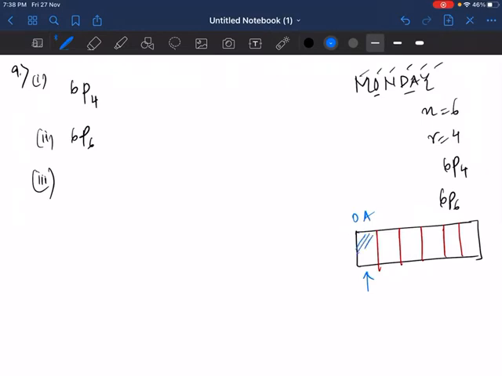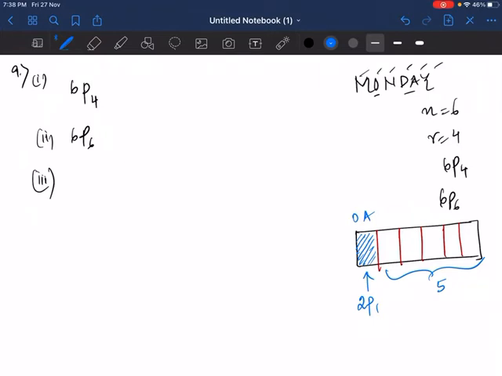And how many ways can we fill compartment 1? We can fill this compartment in 2P1 ways. There are 2 vowels, and we select one at a time to fill the first position. Then how many remaining positions are there? There are 5 remaining positions, and 5 remaining letters.